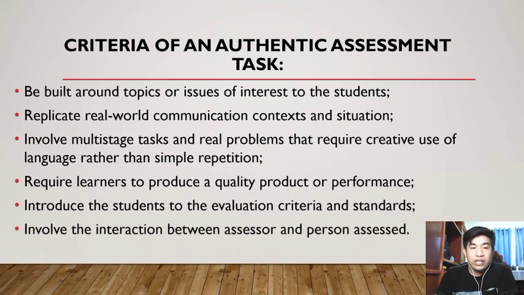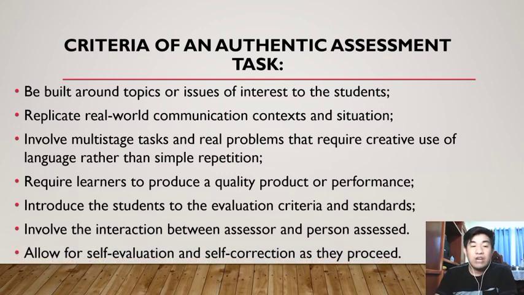Then involve the interaction between assessor and the person assessed. There should always be communication between the assessor, the teacher, and the person assessed or the students. If there is no communication between the teacher and the students, meaning there is no learning. The student will approach the teacher for follow-up. There should be communication between them.